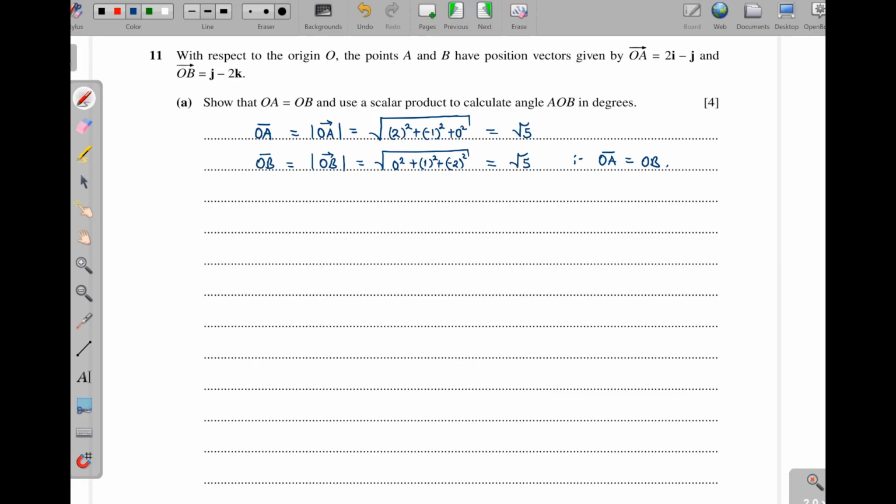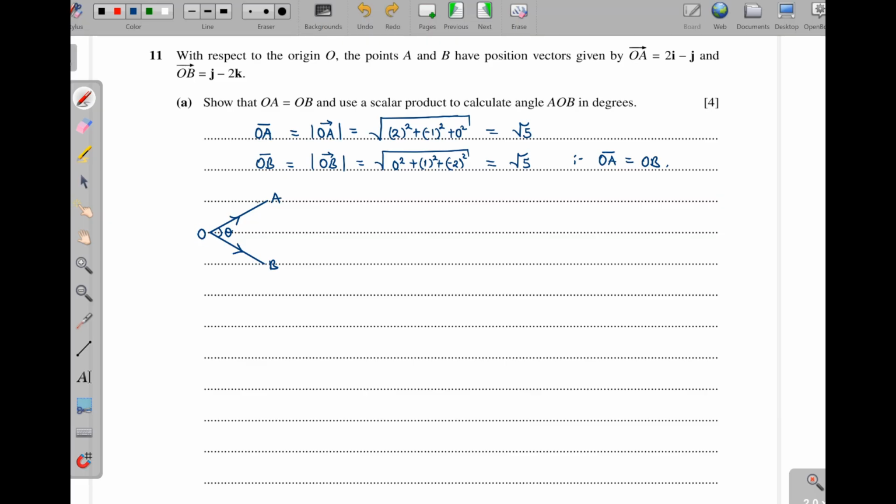Then using the scalar product, I can draw something small here. When we are finding the angle in between the two vectors, you either open up or you close in. So this is O, this is A, this is B. I'm just using this as an example. So to open up, you say OA, you are getting the vector OA, then OB, you move away from this angle.